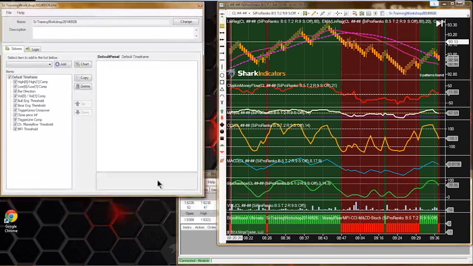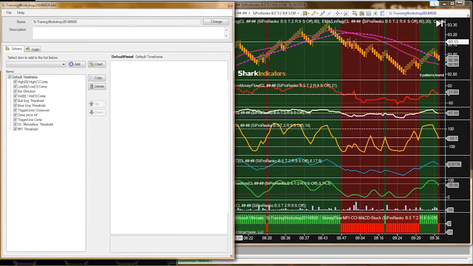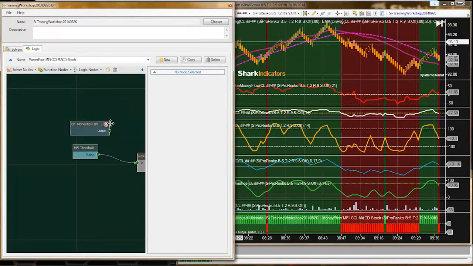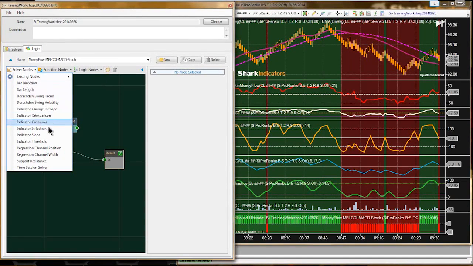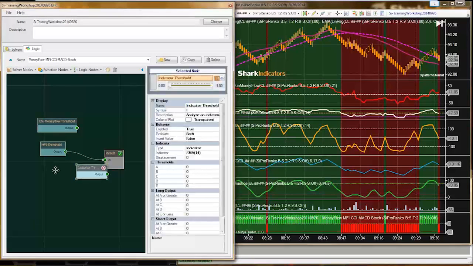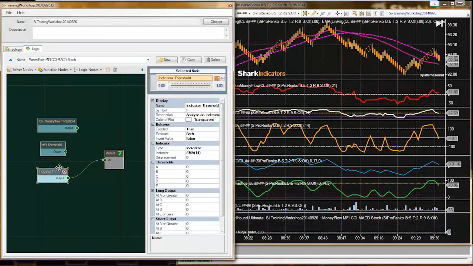So let's open up BloodHound back up. So once again, we're looking at threshold levels. We want to know when we're above the 100 threshold or below the negative 100 threshold. So let's name this the CCI. Let's see, CCI, the positive 100 versus the negative 100. And let me grab a drink of water just a moment.